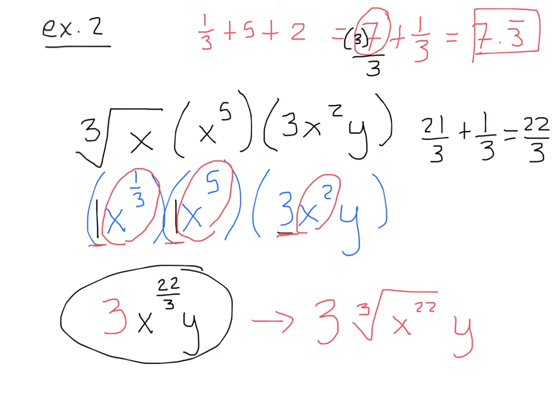Now notice how I cut off my radical right here. In other words, the y is not included in the radical. Some people will even put parentheses here and here, right? So notice that what's on the bottom of the fraction in the exponent, that's your root, right? And what's on top, that's what the term's being raised to. Y'all see that?